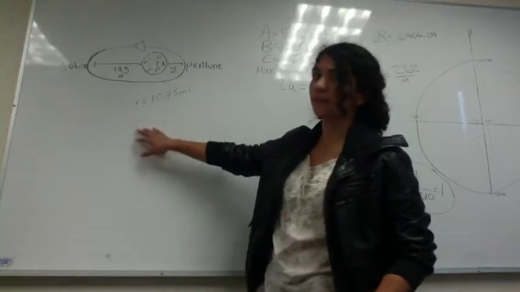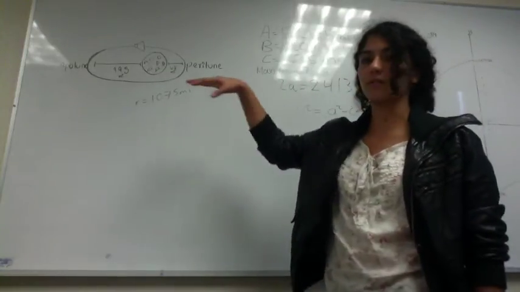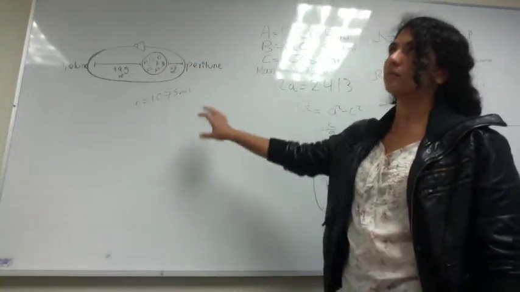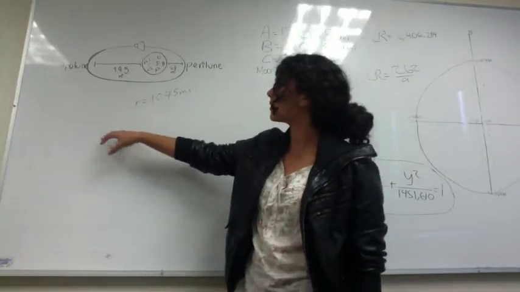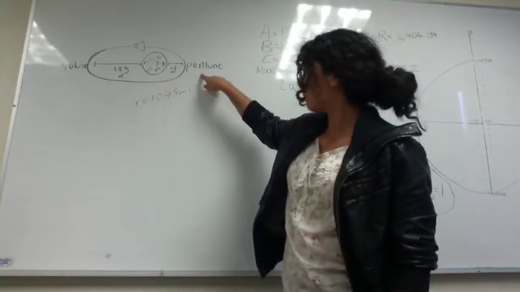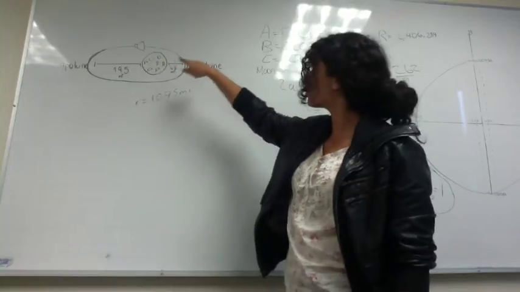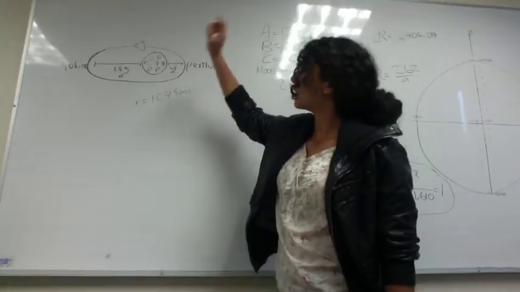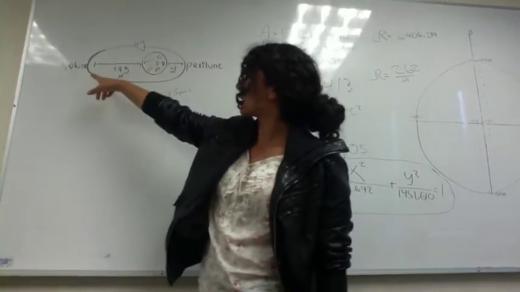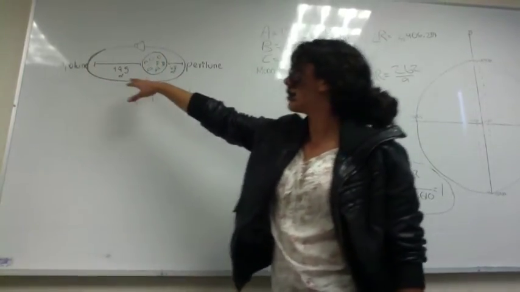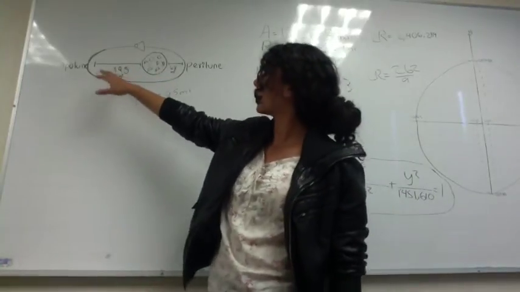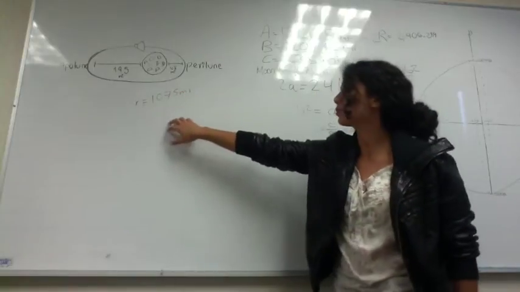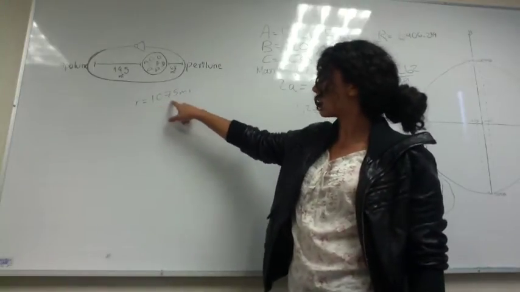Our problem talks about the orbit of the Apollo 11 around the moon, and the problem says that the distance from the moon to the perilune is equal to 68 miles, and the distance between the moon and the Apollo is 195 miles, and the radius is equal to 1075.